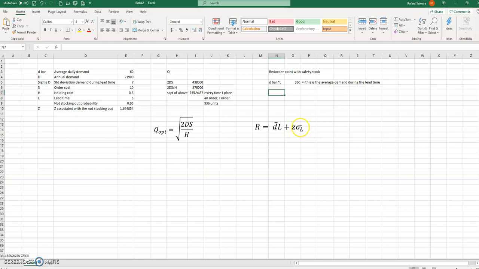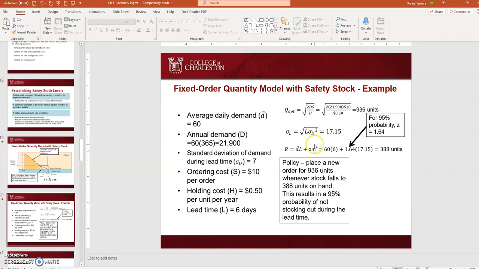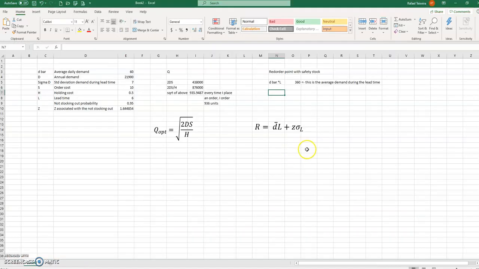And now I'm going to compute this other piece here. First, I'm going to start computing the variability of demand during the lead time, which is this formula here. Okay, this is a new formula. Let me copy that and paste here.